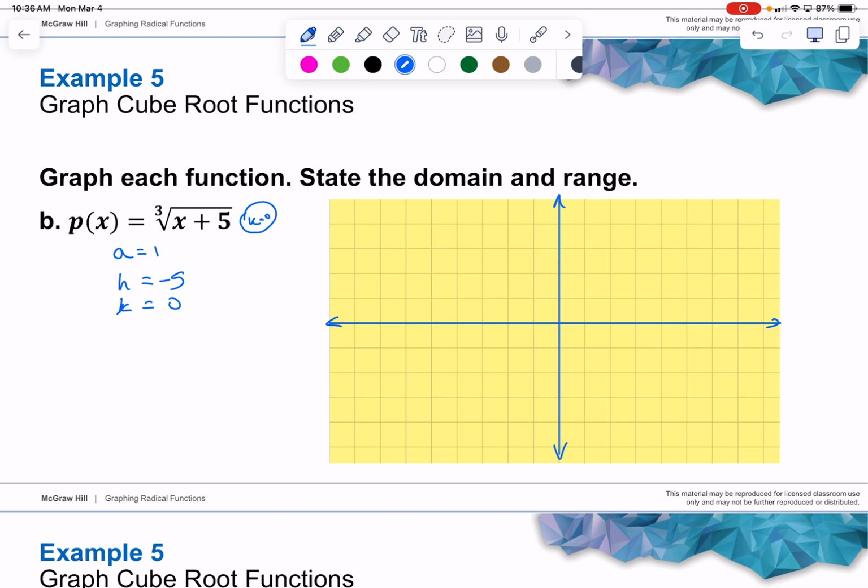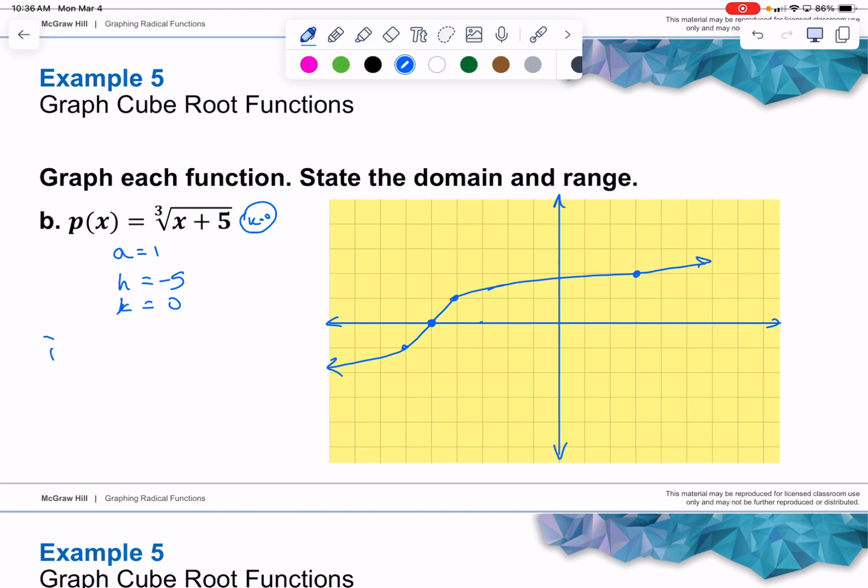So my inflection point is going to be at -5, 0, right? Which means I can go to the right 1 and up 1, to the right 8 and up 2, to the left 1, and that's about all I can fit on my function, right?